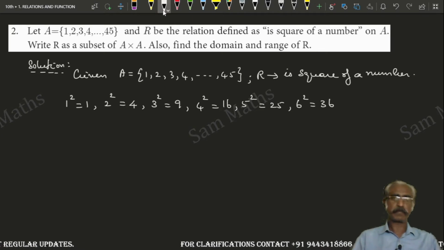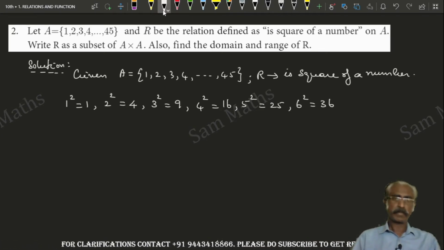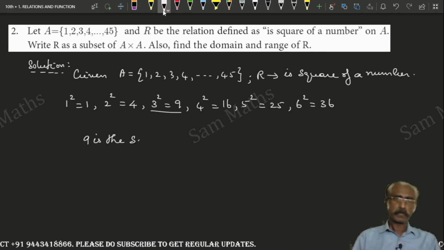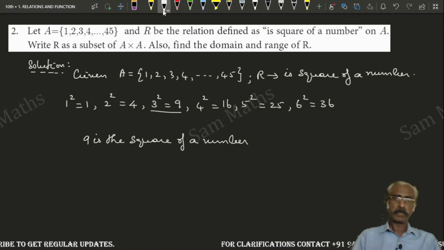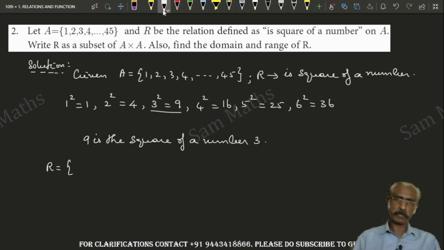It's not from set A, so you can stop with this. Now I am going to take 9 is the square of a number 3. Clear, children?